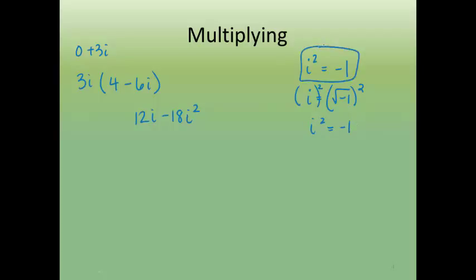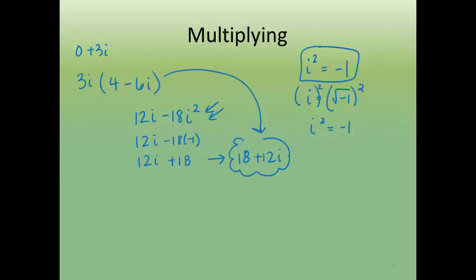It's important that we know this because we're able to simplify this and make that 12i minus an 18 times a negative 1, which really means plus 18. So 12i plus 18. And if we want to write it in the correct form, I'd write 18 plus 12i. This is the result of distributing the 3i onto that binomial.